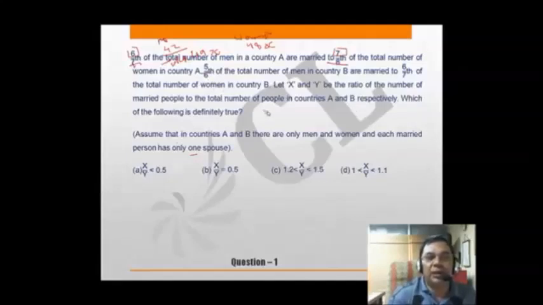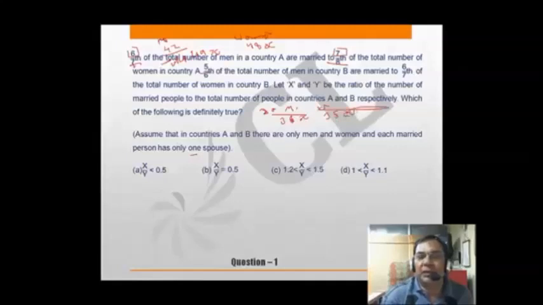So if I take 30, men become 36x, since 5, 6 is 30. Now 6 portions is 30, so women become 35x. I'm sure you are getting the logic I'm saying. 36x to 35x. Okay.